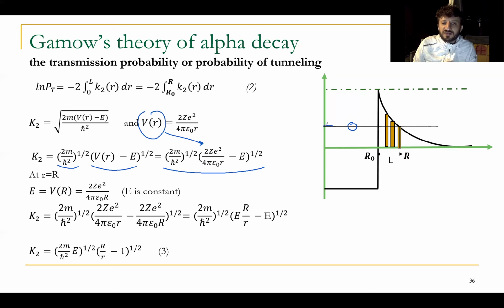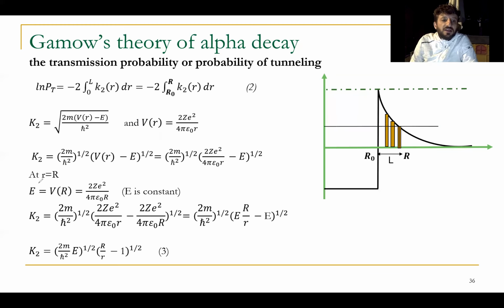So it can be calculated at this point, where the energy of the alpha particle, E, is equal to the potential energy V(R). We calculated before, V(R) equals E at this point. So here we can say E equals V(capital R) equals this value, where E is constant.